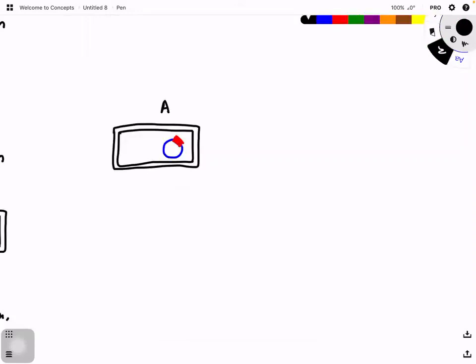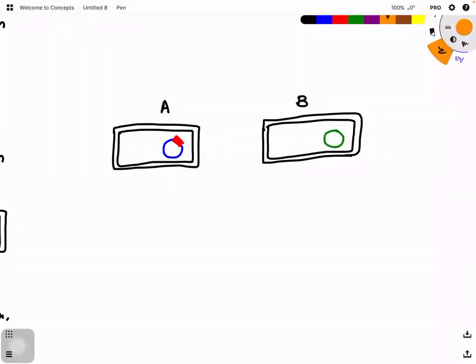I have bacteria species B. Species B also has an antibiotic resistant gene, but resistant to a different antibiotic. Let's say A is resistant to penicillin, B is resistant to streptomycin, for example.